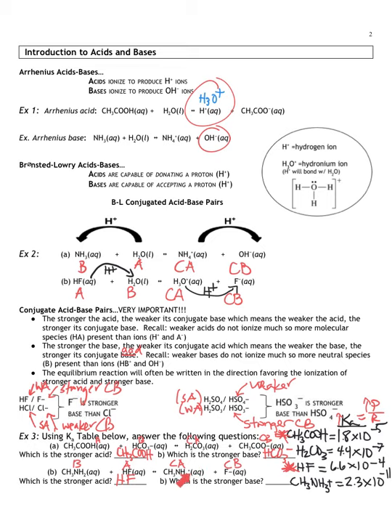That means its pair in this case is going to be a stronger base because it comes from a weaker acid. And that means I'm going to write in CH3NH2 is my stronger base.